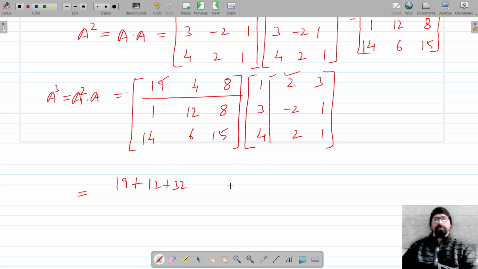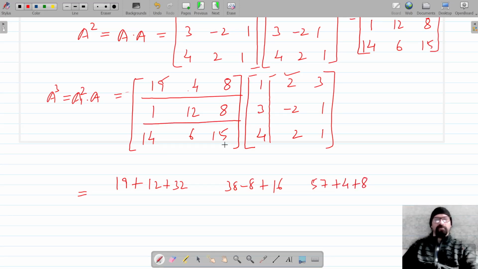Now the second column, 19 into 2 is 38. 4 into negative 2 is negative 8 plus 8 twos are 16. So 19 twos are 38, 4 into negative 2, 8 into 2, and then 19 into 3 is 57 plus 4 plus 8.